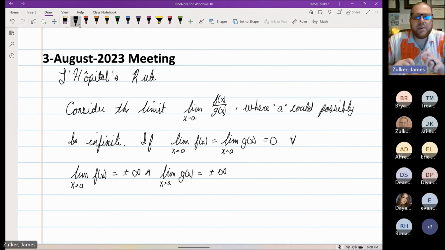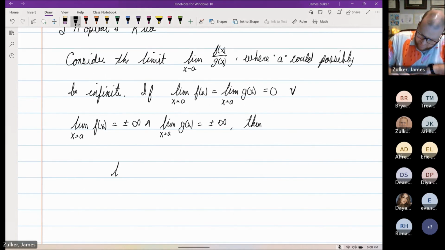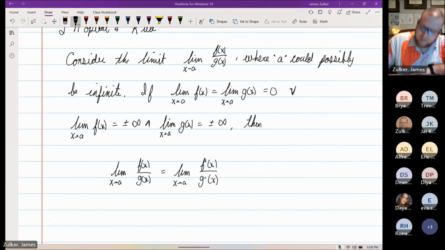If you get indeterminate forms 0 over 0 or infinity over infinity, then that limit is equal to the limit as x approaches a of f prime of x divided by g prime of x.